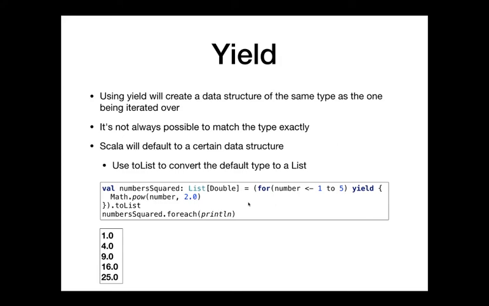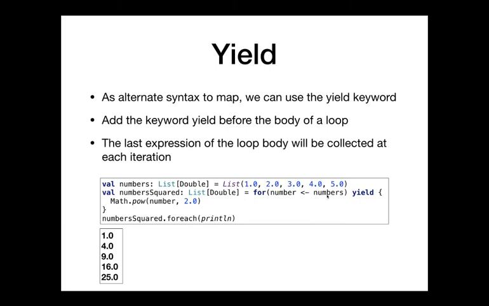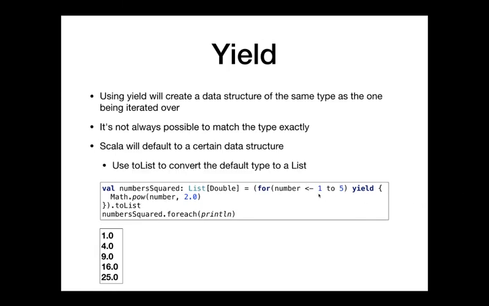Like that. One thing with yield is it's going to try to match the type of the data structure which you're iterating over. So here, in the previous slide, I was iterating over a list. So no problem, I'm going to get a list. I'm going to store that in a variable of type list. But here, I'm iterating over a range, the range 1 to 5.